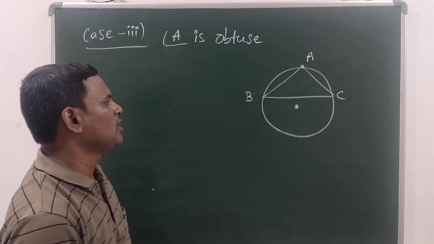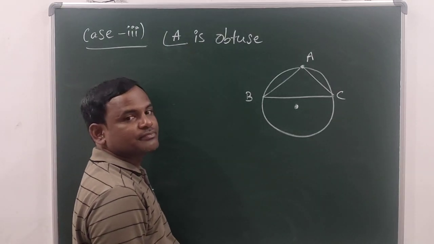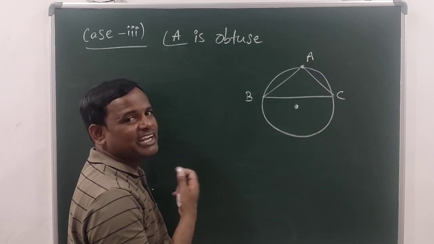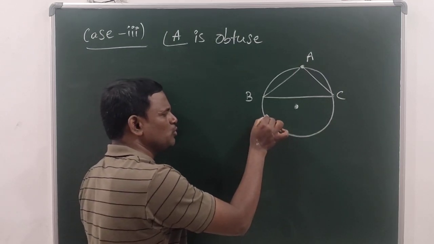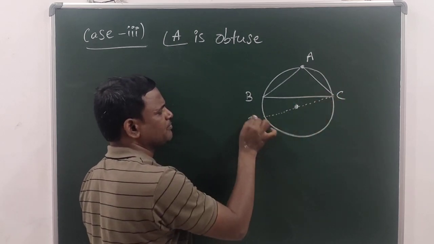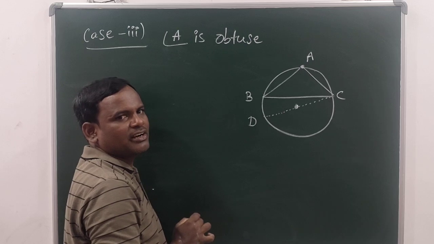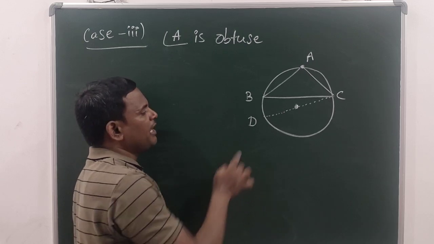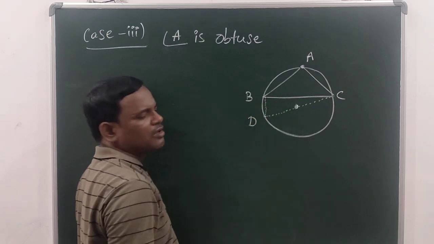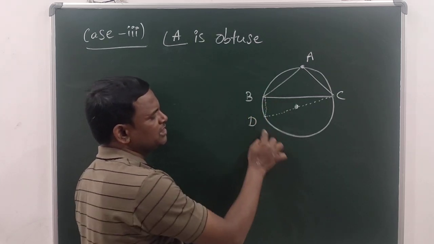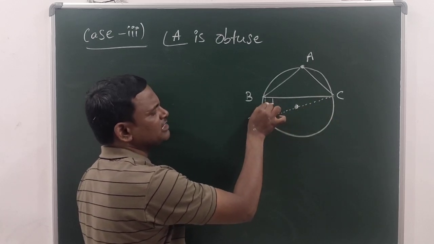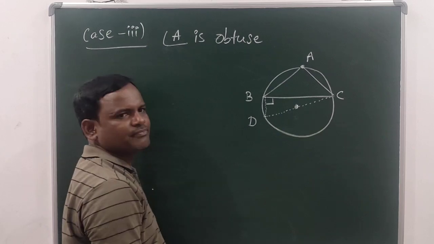Okay, students. Now to prove this a by sin A equal to 2R, I am taking two constructions. See those two constructions. Now I am taking a diameter CD. CD is one diameter, and connect B and D. Now you know this is one semicircle which makes 180 degrees at the center, and this angle is half of this 180.